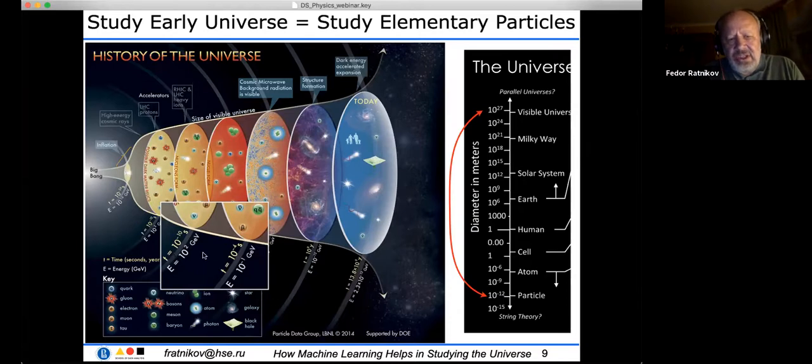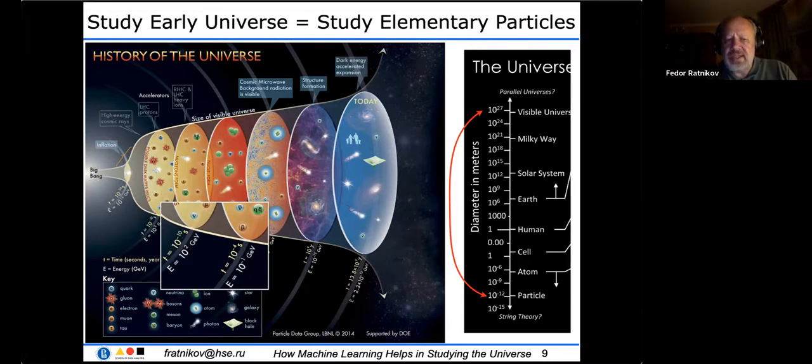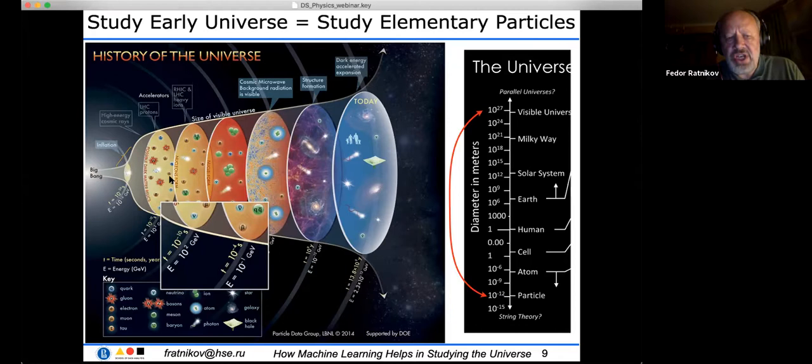The closer to the beginning of the universe, the bigger the corresponding energies of the particles, and as a result, the bigger the energy or mass of particles which can sustain at that stage of time.